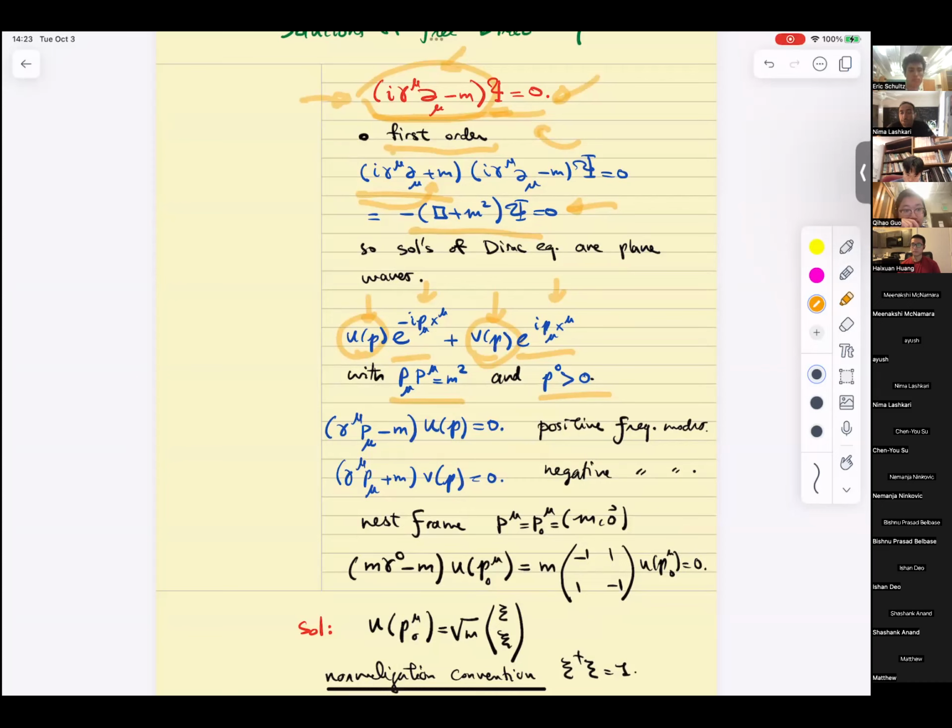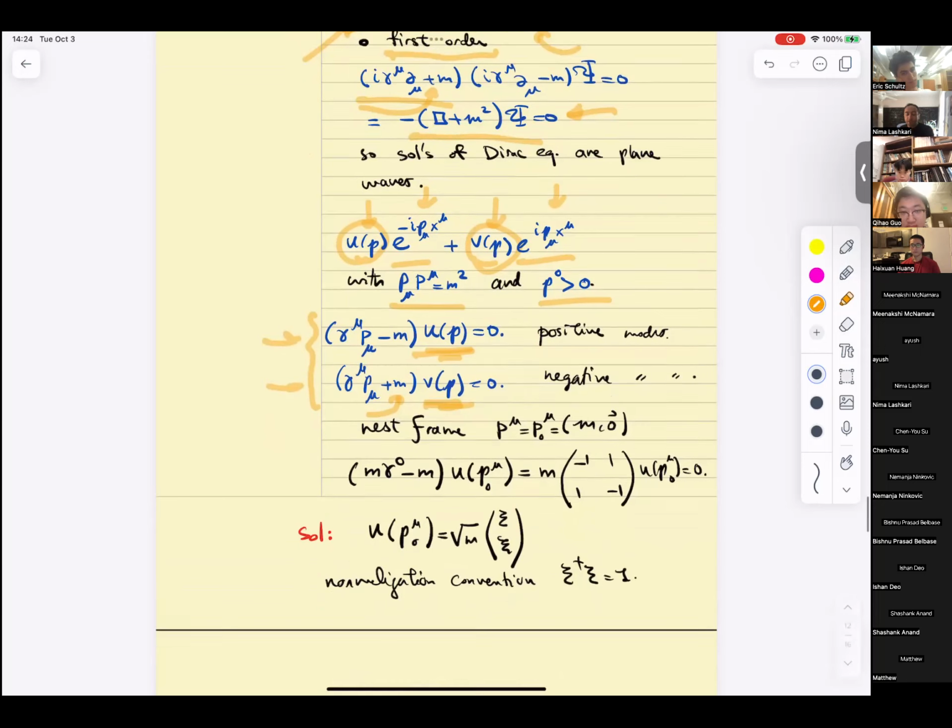This is an ansatz that you plug inside the Dirac equation, and you find that u of p and v of p will solve these 2 equations. Let me call this the positive mode, a positive energy mode. This is the solution to the equation we're trying to solve, for p mu. Whereas this one has the sign of mass flipped, but they're all providing solutions to this equation.